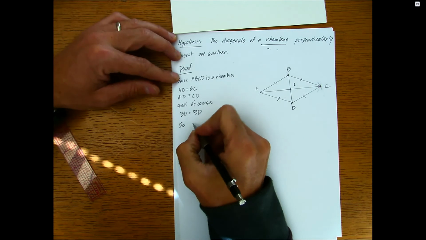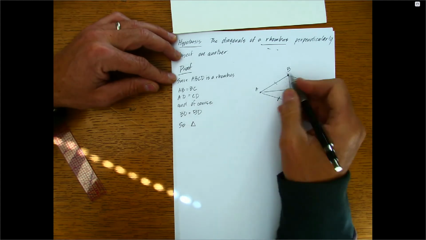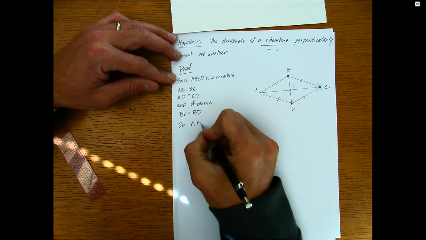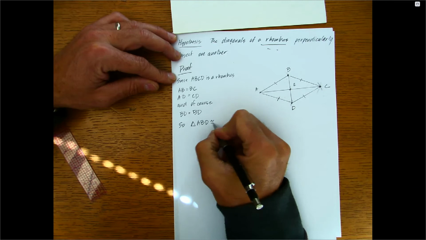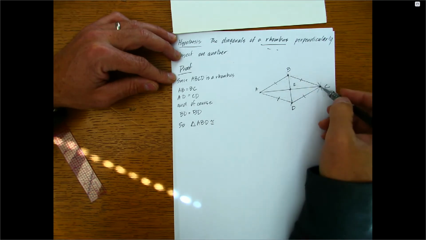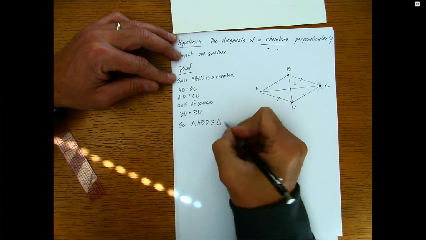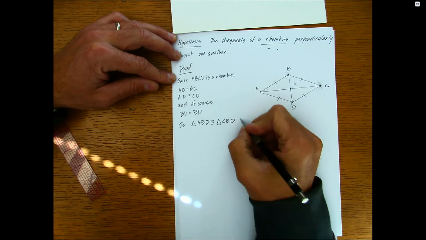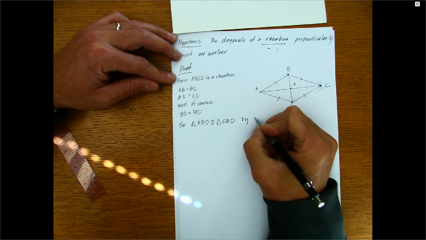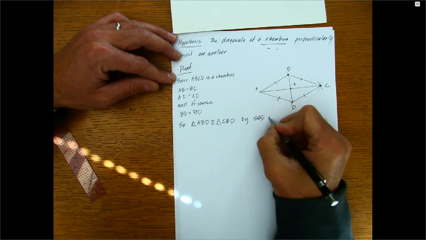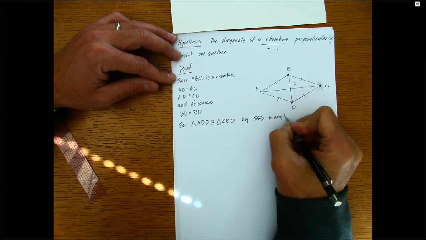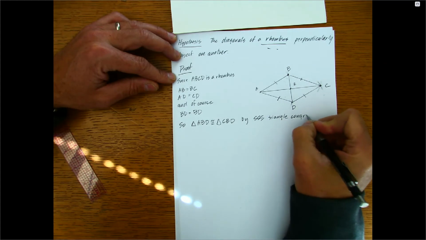So we can say that triangle ABD must be congruent to CBD by side side side triangle congruence.